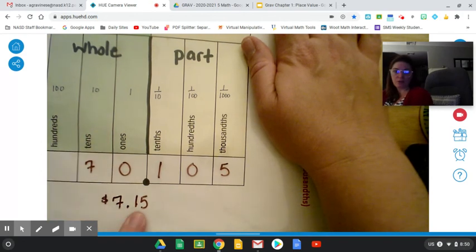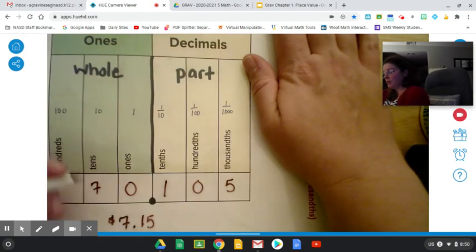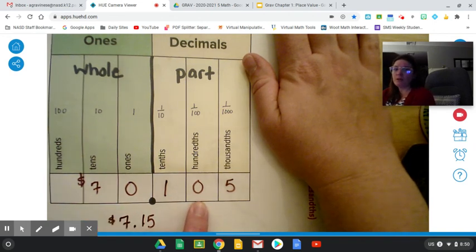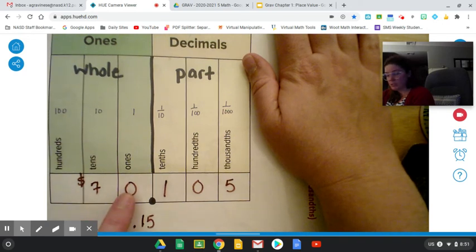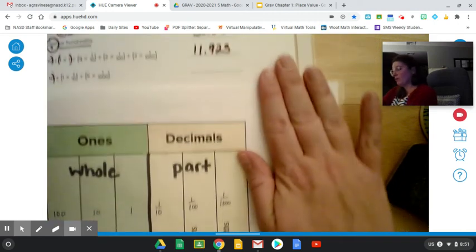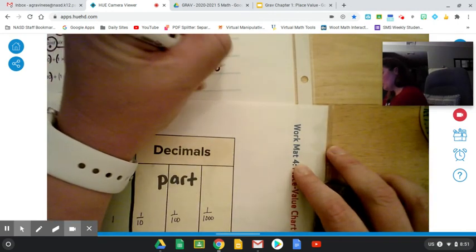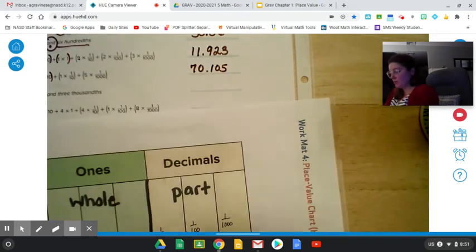That is $7.15. Because we usually have hundredths with money, the other is about $70.11 if I round it. So that's a big difference. $70 versus $7. You want to make sure that you are thinking about those zeros. So 70 and 105 thousandths.